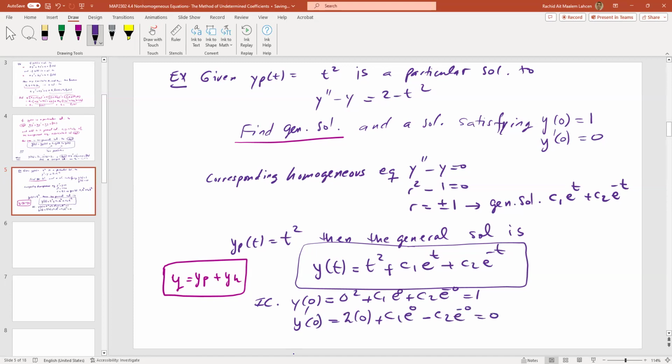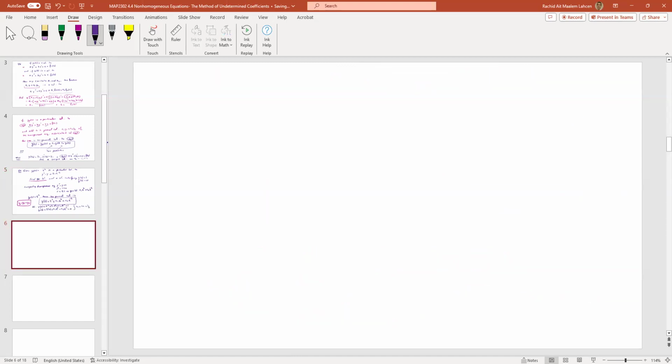All right, so these will lead to C1 equal C2 equal 1/2. And from there, we go back to the general solution, and we say it's t squared plus 1/2 times this function.